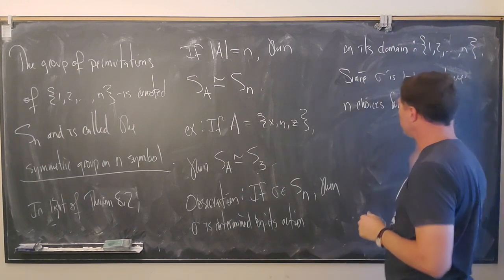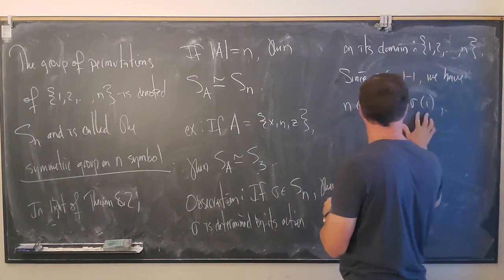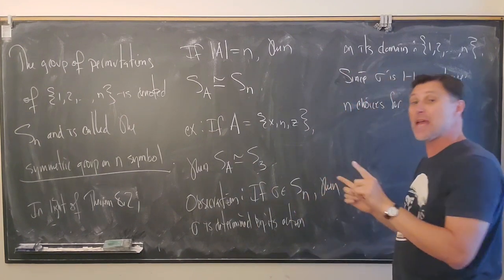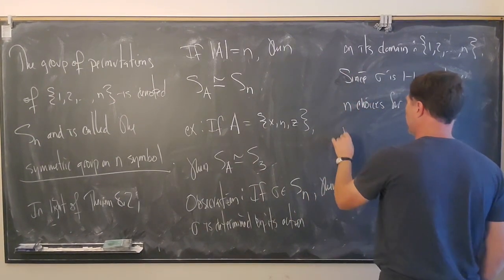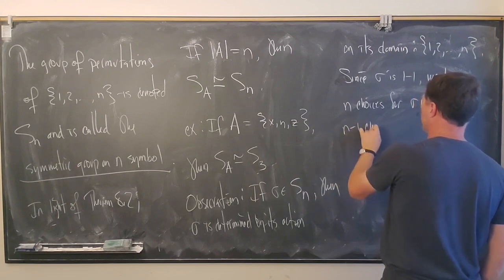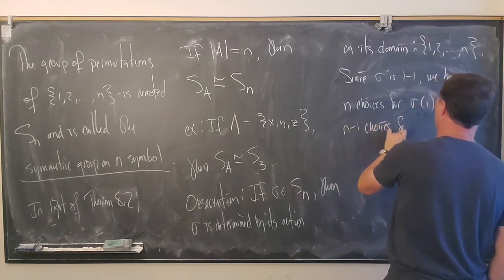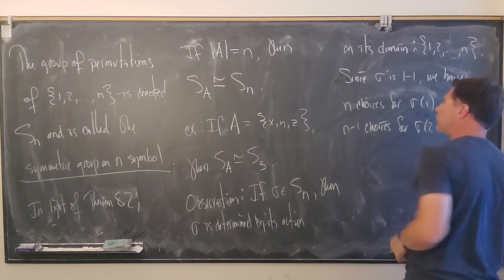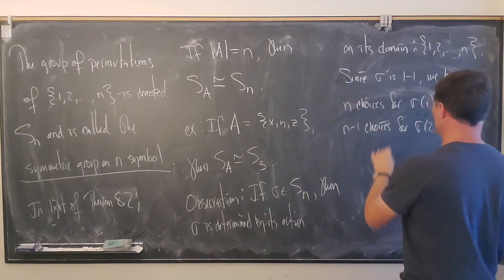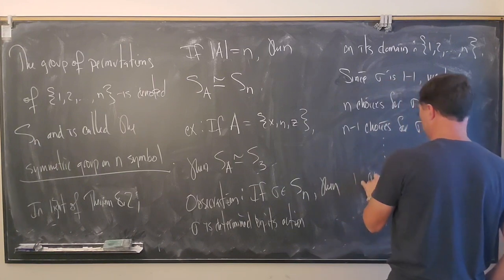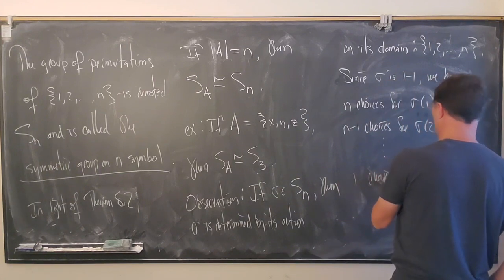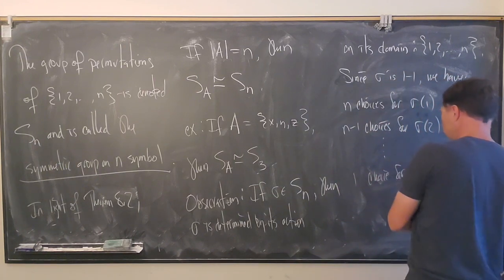Once we've decided where we're going to put sigma of 1, now we have n minus 1 choices for sigma of 2, n minus 2 choices for sigma of 3, and so on, down to 1 choice for sigma of n.